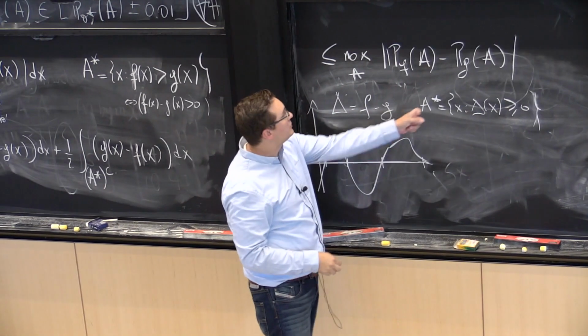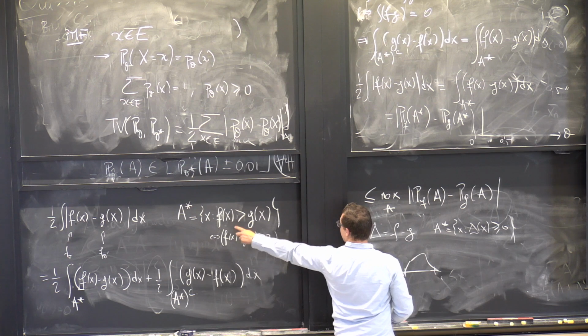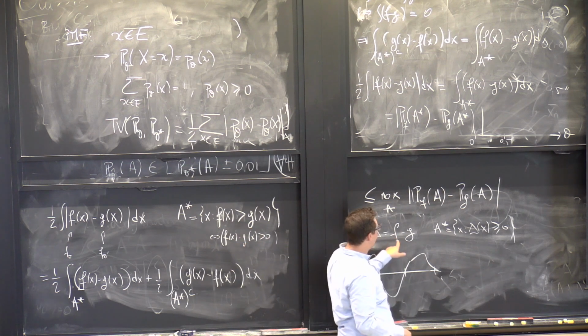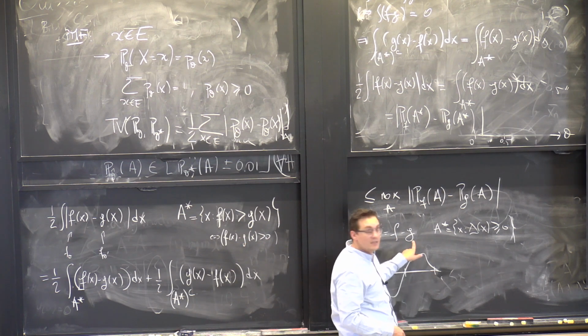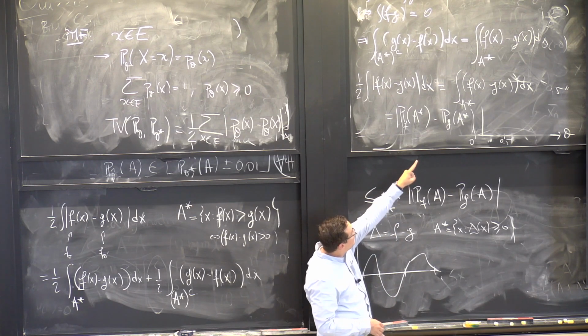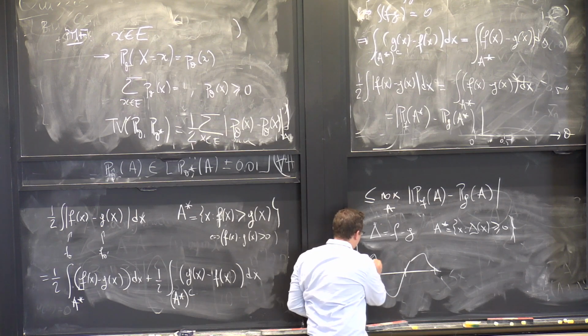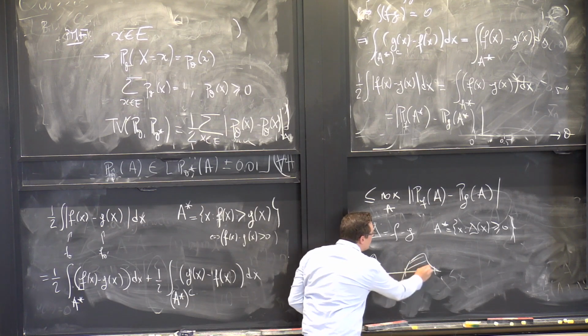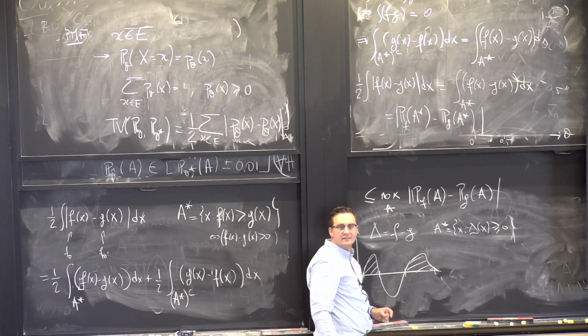So that's just the definition. A star was the set over which f minus g was positive, and f minus g was just called delta. So what it means is that what I'm really integrating is delta on this set. So it's this area under the curve, just on the positive things. Agreed?